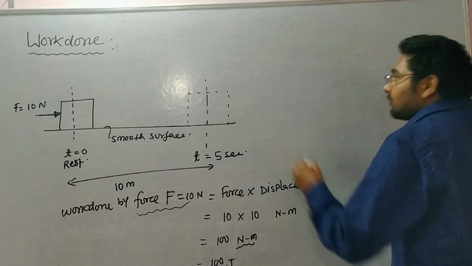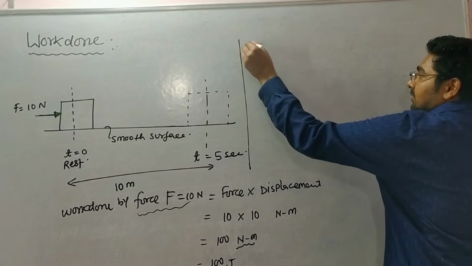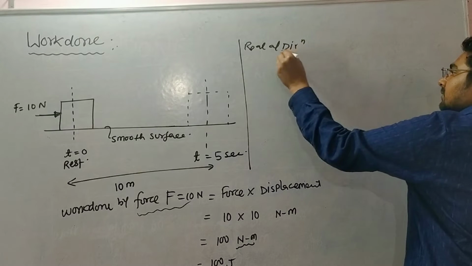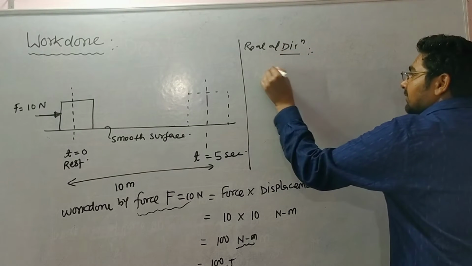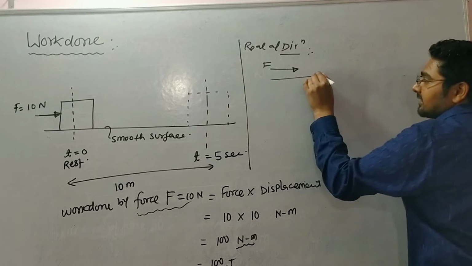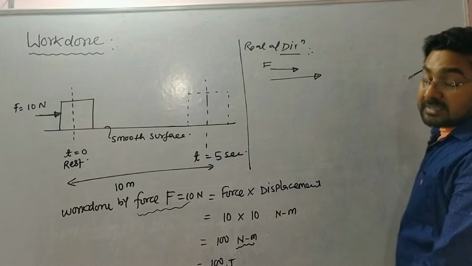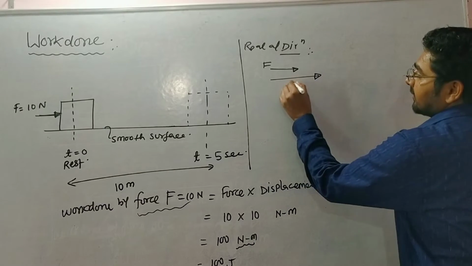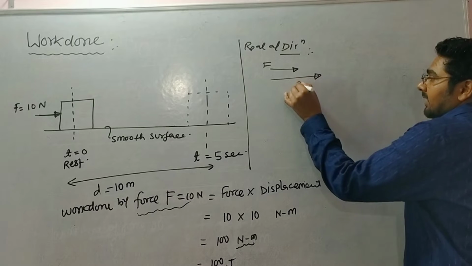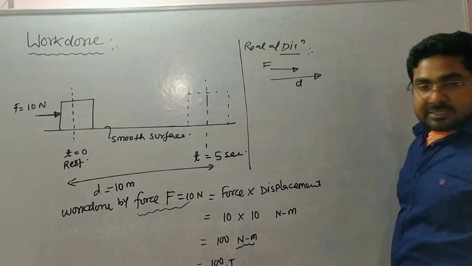So we have to understand the role of direction here. The force direction is this, and the displacement direction is also the same. Let's say this is D, displacement. So the angle between force and displacement is 0.